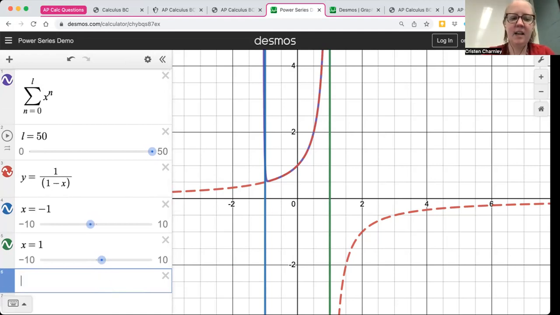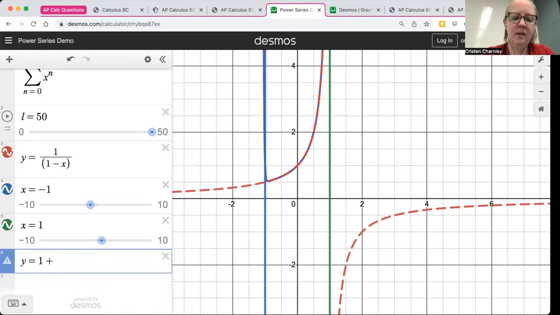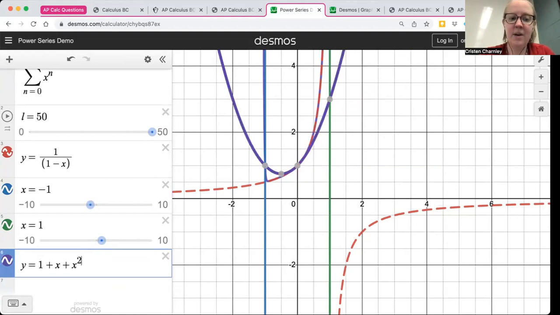And if I take a second, give you one more in here, and I say that y is equal to 1 plus x, right? There's a purple line, kind of sort of works, plus x squared. Okay, even better, plus x to the 3rd. Even better, plus x to the 4th, even better, plus x to the 5th.